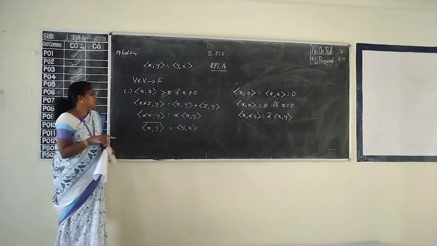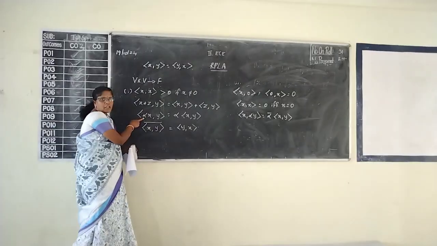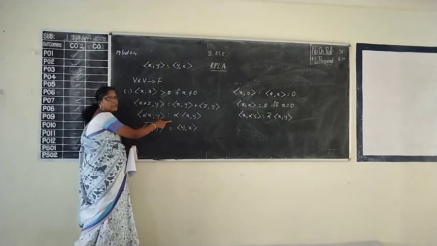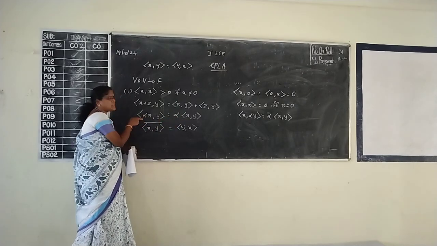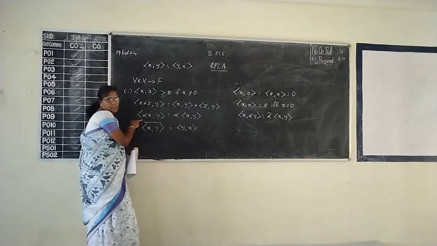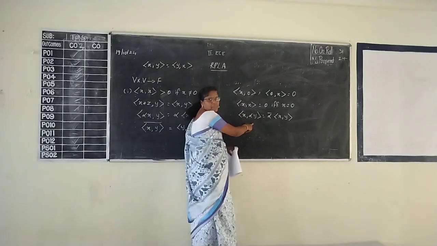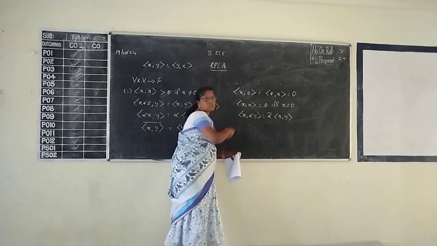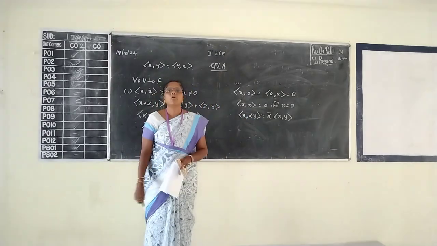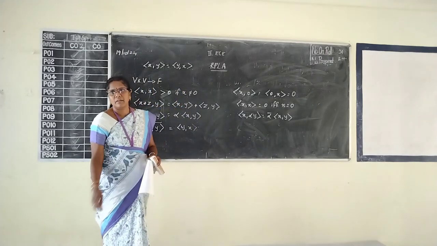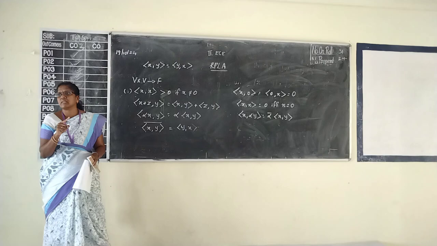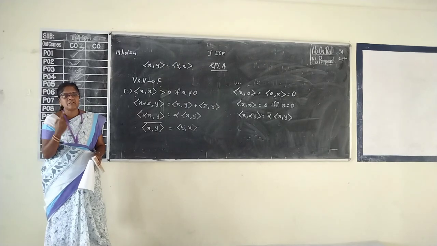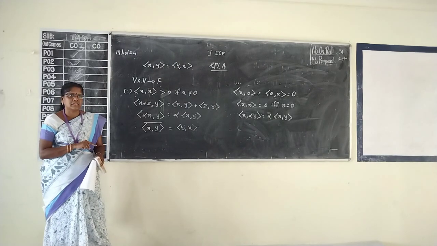Actually, in the definition, inner product of alpha x comma y is equal to alpha times inner product of x comma y. If alpha is in the first term, you can take it outside as it is.